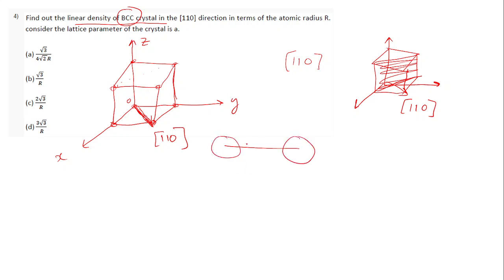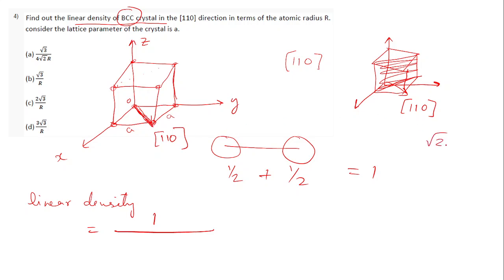The contribution by this will be half, and by this will be half, so the total number of atoms will be 1, right? So for linear density the number of atoms is 1. And what is the length? If the side is A and it's a cube, all sides are equal. This is a face diagonal, and we know the length of the face diagonal is root 2 times A.